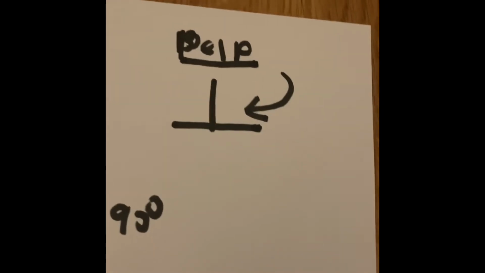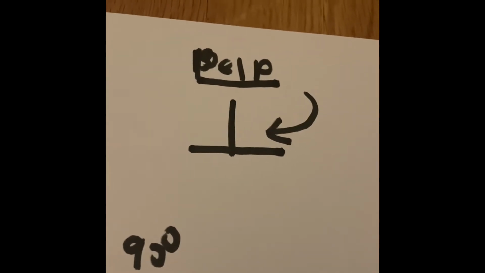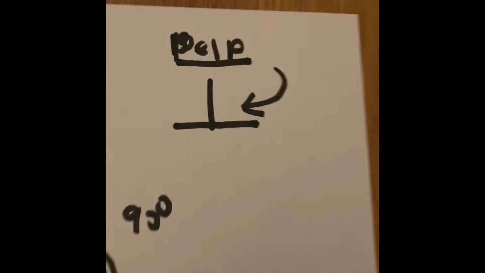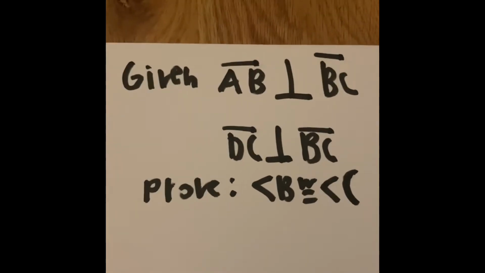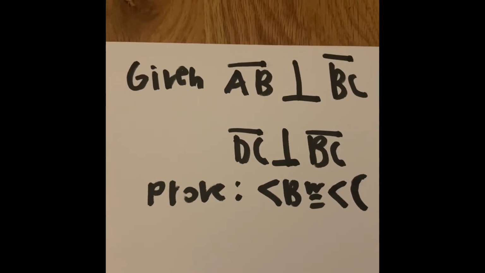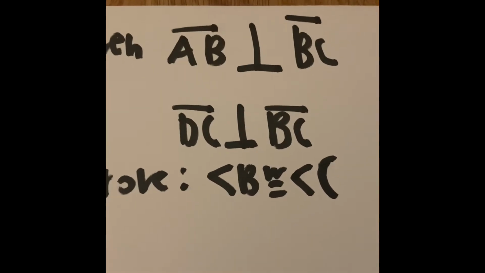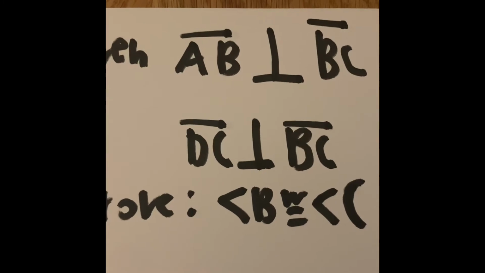Now we're going to go into a proof and see how we can prove that two lines are perpendicular. So here is our problem. What's given to us is that line segment AB is perpendicular to line segment BC, and we can also understand that line segment DC is perpendicular to BC.